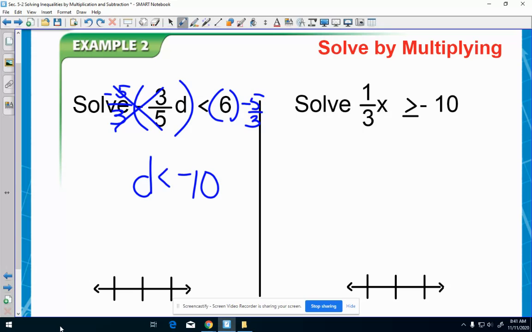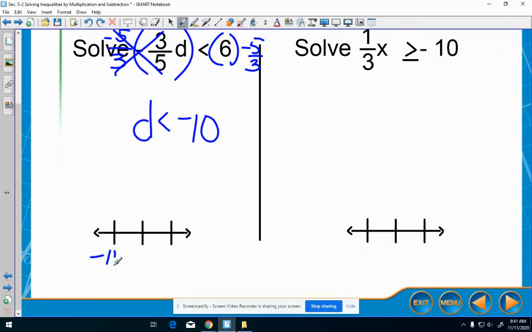Give me something that's less than negative 10. Negative 11. Take your calculator for a second. So if I had negative 11, negative 10, and negative 9, right now, if I don't change the sign, it goes in that direction. Take negative 11 and multiply it by negative 3/5. What is negative 11 times negative 3/5?